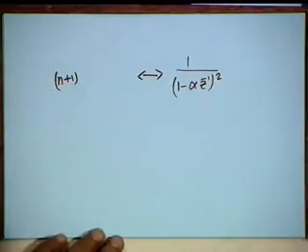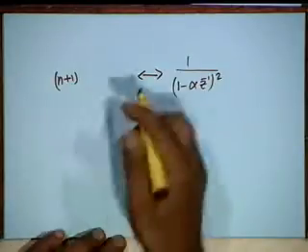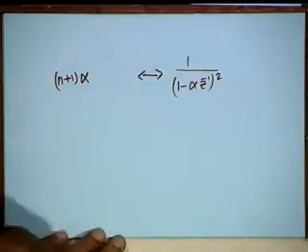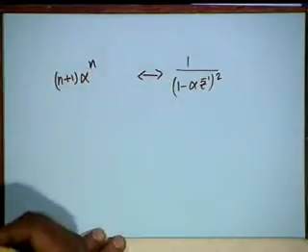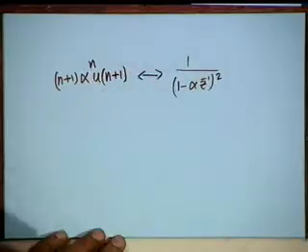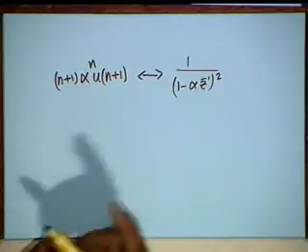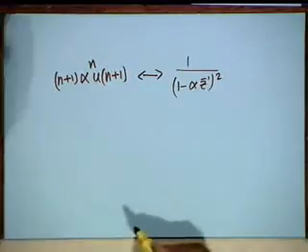If the multiplier was z, then I would have had n minus 1, agreed. So, n plus 1 alpha to the n, then u of n plus 1, agreed. Alpha to the n, because I had alpha to the n minus 1.